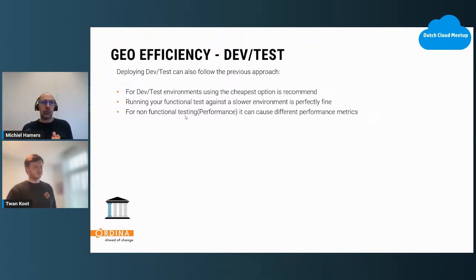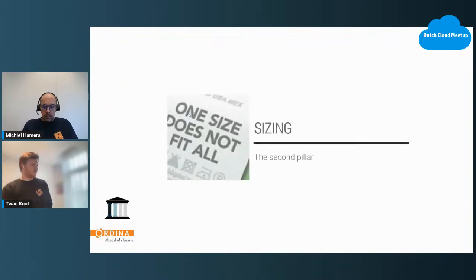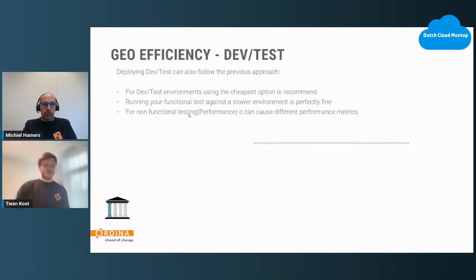That's also fine, but just choose the cheapest option. Especially if you don't have any production data in your test environment. Yeah. Of course, as a performance engineer, if you're running a performance test, do it on the production region. Keep that in mind. But for your functional tests, please use just the cheapest option, because there's no need for the nearest latency region.